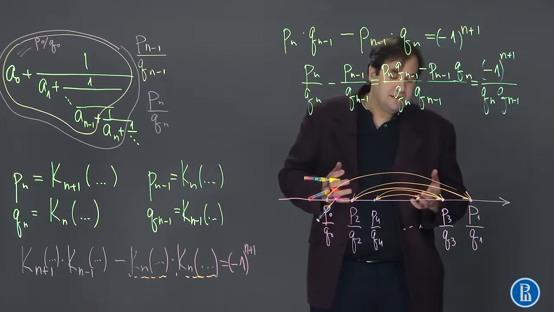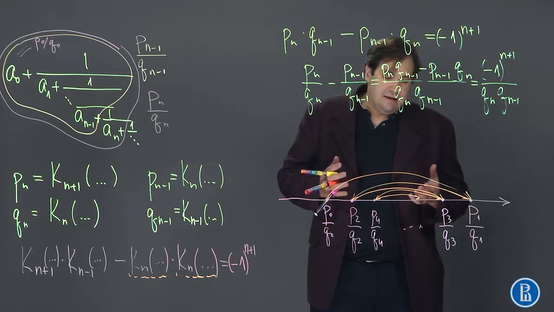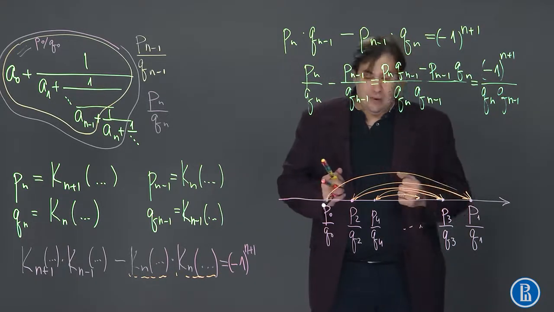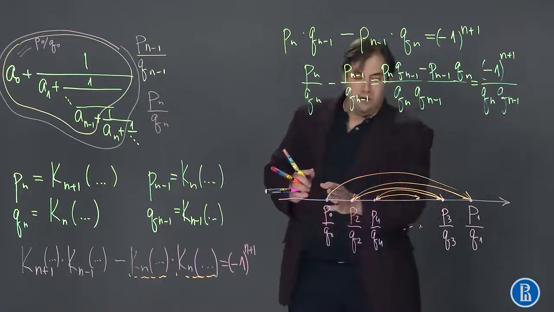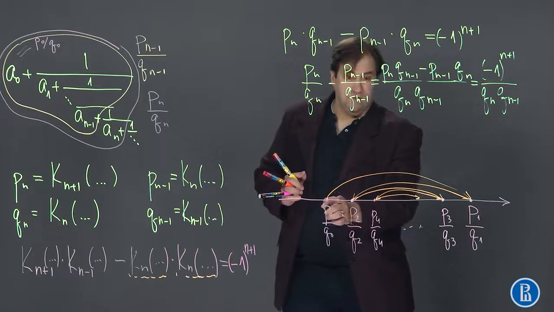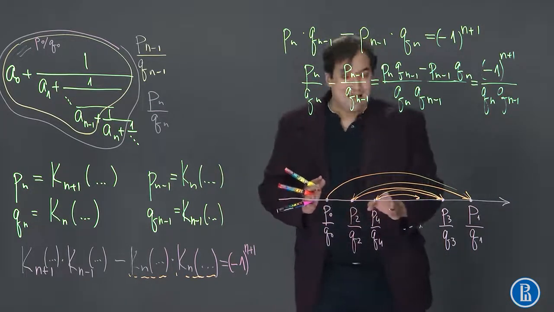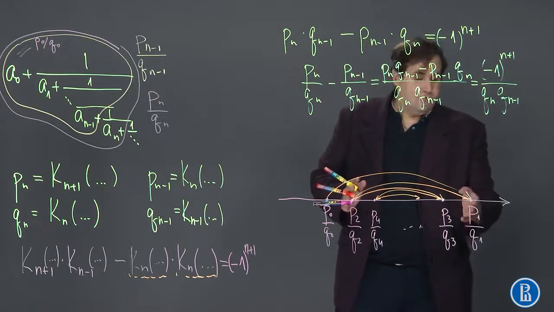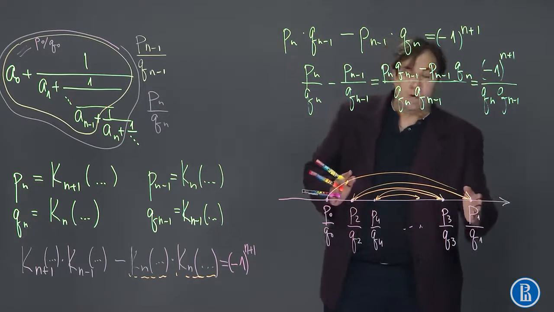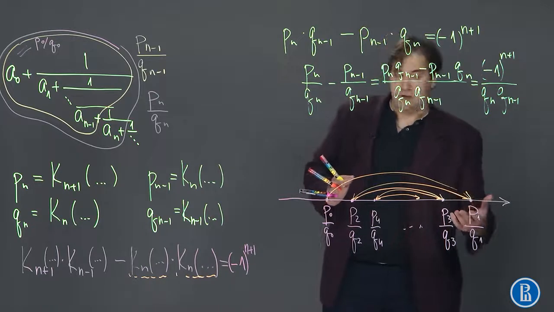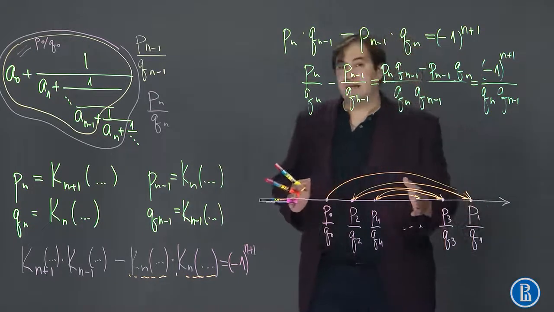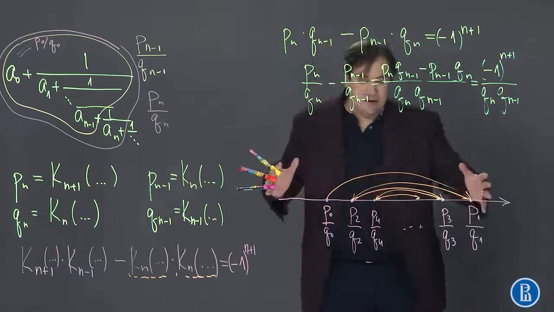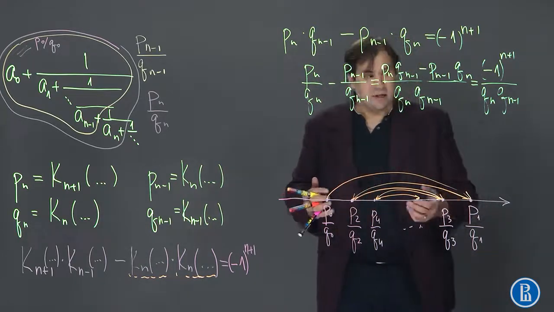Does it follow from this that there is a limit of this sequence? Well, certainly there is a limit of even convergents, because they increase and they have an upper bound. Of course, there is a limit of convergents with odd numbers, because they decrease and they have a lower bound. But is there a limit to all of them? Well, of course, yes.